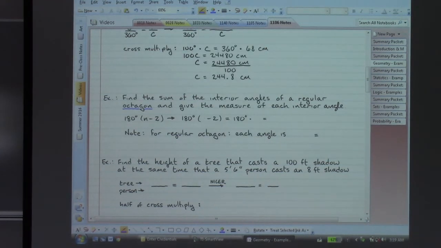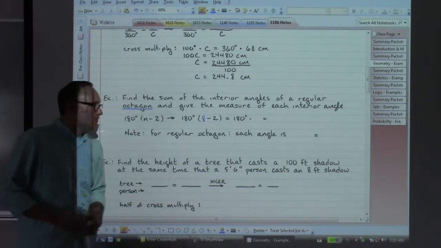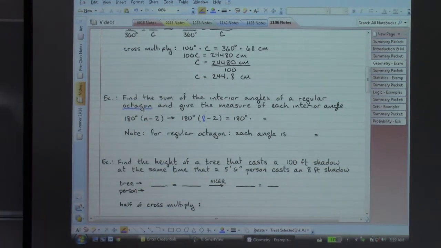So we have in our result 180 degrees times the number of sides minus 2. The number of sides for the octagon is 8. 8 minus 2 is going to give us 6. So we want to take 180 degrees times 6 in order to get that sum of the interior angles.